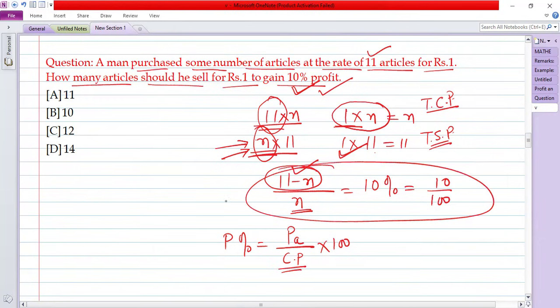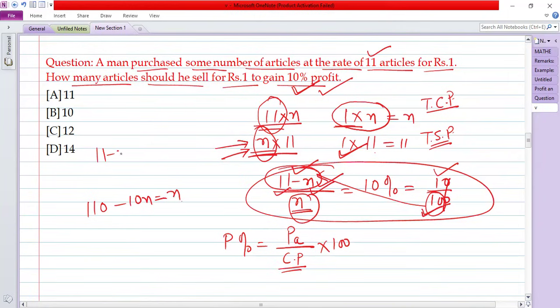So now we can directly cancel out, and this 10 can go to this side. So it will give me 110 minus 10n, because 11 into 10 and minus n into 10, and n into 1 is n.